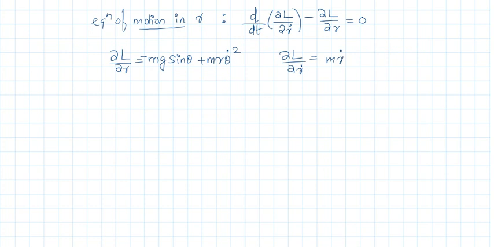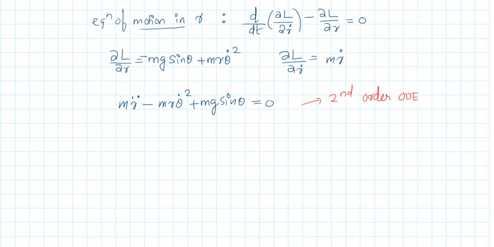So if you substitute here, you will get m r double dot minus m r theta dot square plus mg sin theta equal to 0. Okay, this is a second order ODE. It is difficult to solve this equation to obtain the first integral of motion.